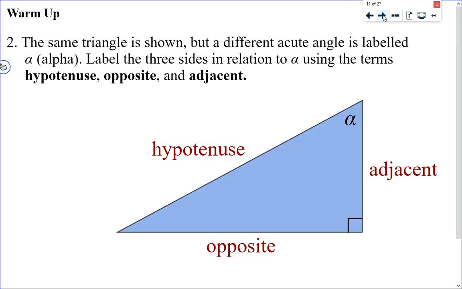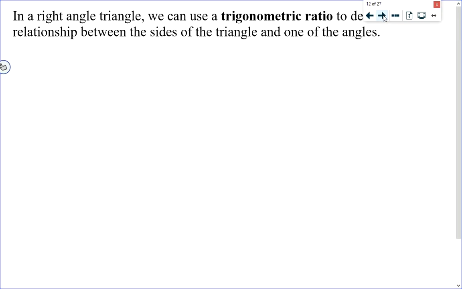Okay, so now that we know how to label the sides, we're going to learn about a trigonometric ratio, and there are many trigonometric ratios. We're going to learn about 3 of them in this course. We can use a trigonometric ratio to describe a relationship between sides of the triangles that we're talking about and one of the angles in a triangle we're talking about.